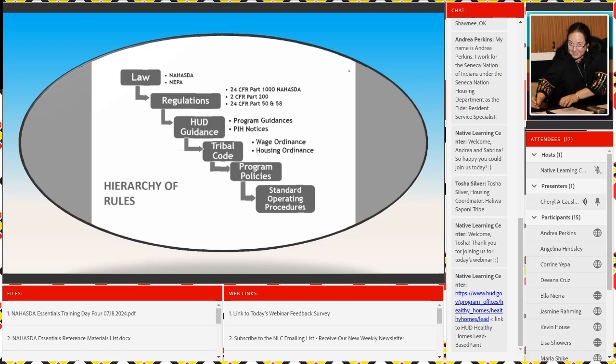And we have to follow again the trickle down from 24 CFR Part 50 and 58 of NEPA. Those guidances, program guidances, and PIH notices are next. Then you got to do your tribal policies, whatever wage ordinances, should they have those in place, housing ordinances, and then you have your program policies and your standard operating procedures.